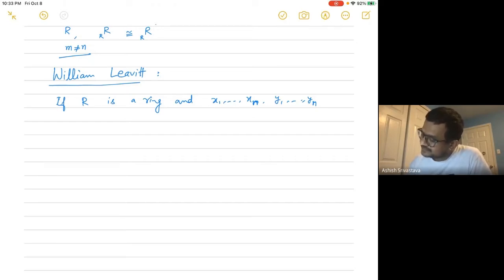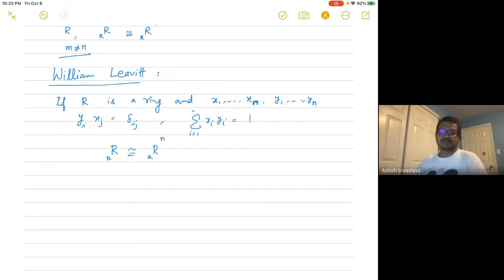These are generators with the property that if we take yi xj, this is delta ij, right? And summation xi yi equals 1, then in that case, so this is an exercise for you. You can check that this will be isomorphic to this. So you have two free left modules defying the invariant basis number, right?